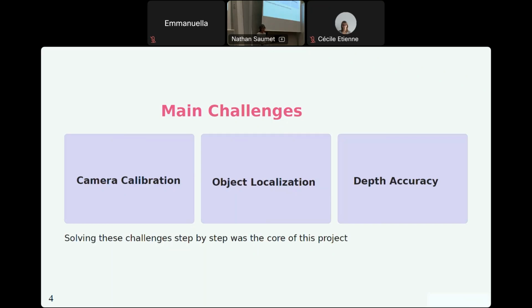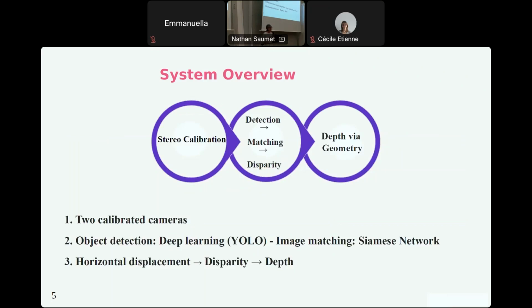To overcome these challenges, we can do some steps. The first one is to calibrate each camera and then do the stereo calibration. With this, we can find the precise specifications of the cameras to have a precise measurement system. Then we use object detection. Using deep learning algorithms like YOLO, we can detect objects like bicycles, cars, and pedestrians.